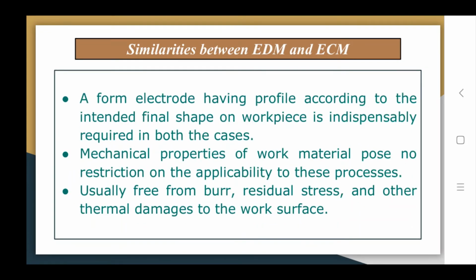Mechanical properties of the work material such as strength, hardness, brittleness, etc. pose no restriction on the applicability of these processes. Both processes are usually free from burr, residual traces and other thermal damage to the work surface. Though EDM is based on thermal energy, heat is generated locally and thus has negligible thermal impact on the machined surface. So these are some similarities between EDM and ECM.